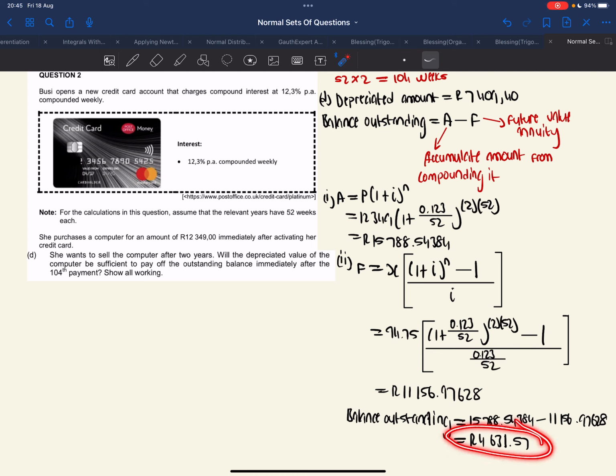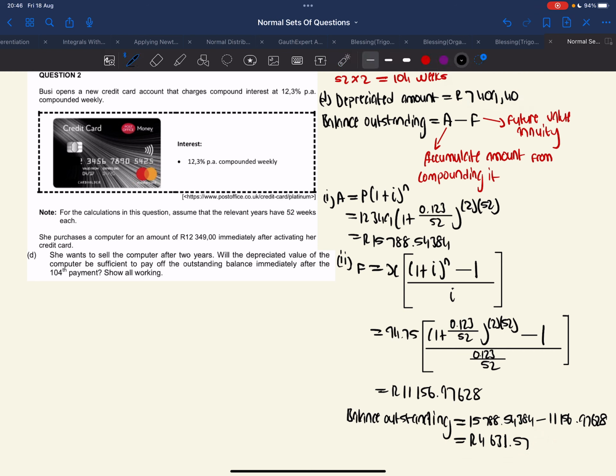And then when you compare this answer to that answer, they're asking, will the depreciated value of the computer be sufficient to pay off the outstanding balance? If you look at this value and that value, can you see that this value is bigger than this one?